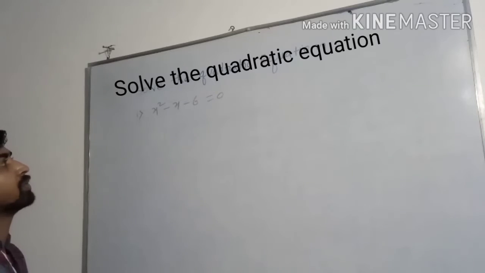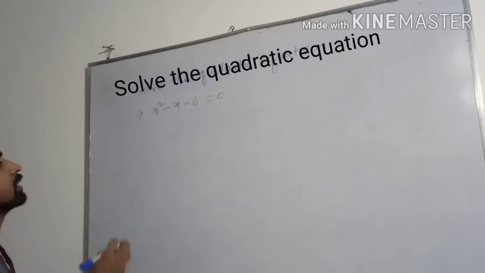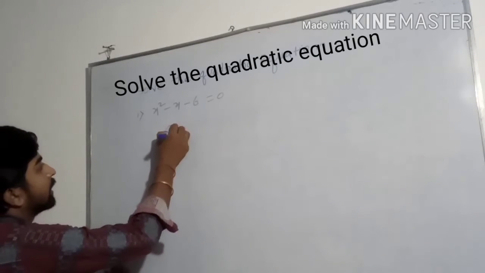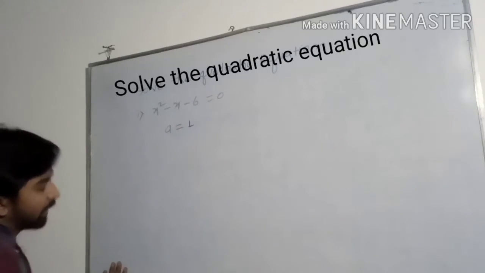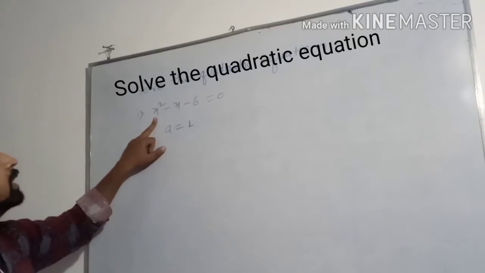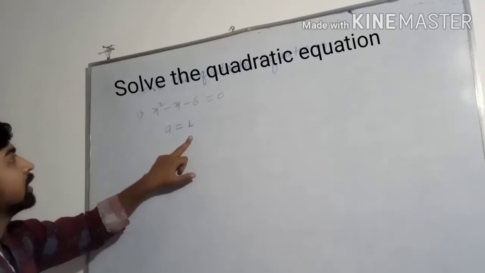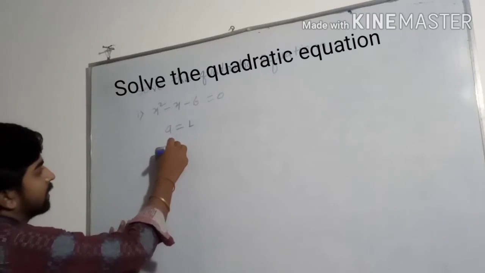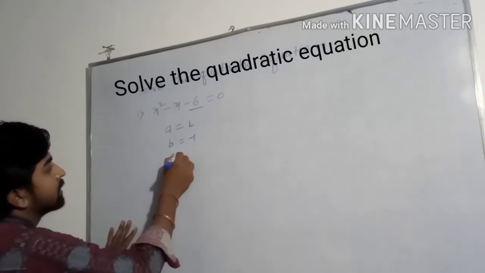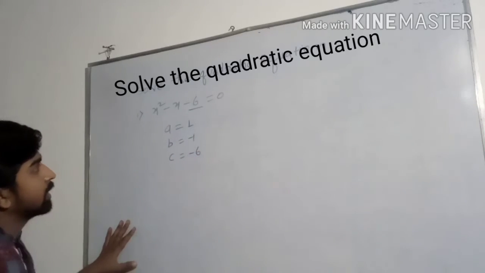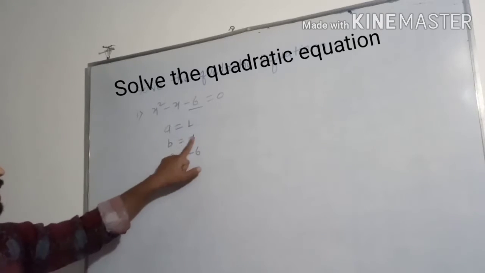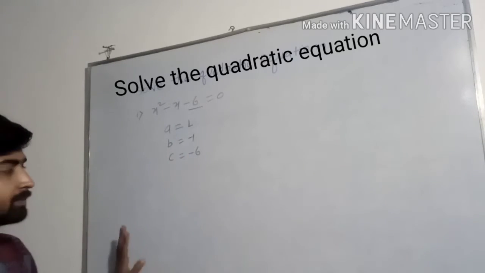First of all, we will write the coefficients of this quadratic equation. a is the multiple of x², and here the multiple of x² is 1. The multiple of x is -1, and the constant term c is -6. So coefficients a = 1, b = -1, and c = -6.